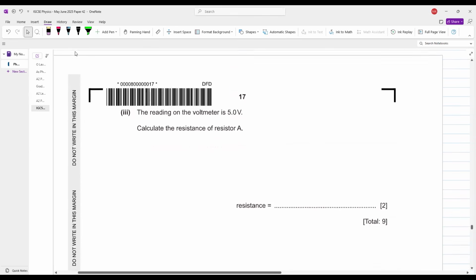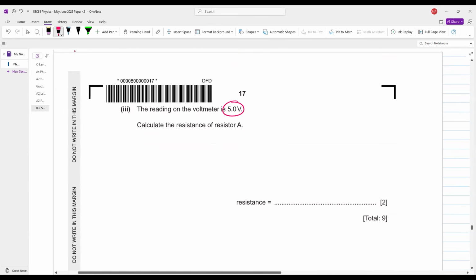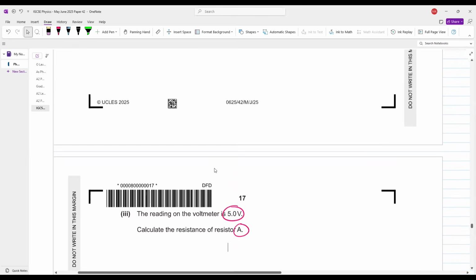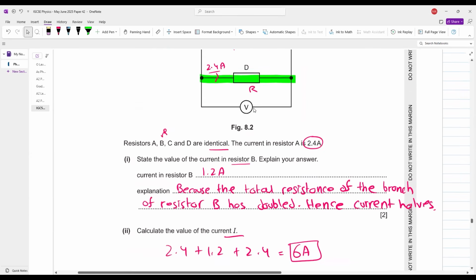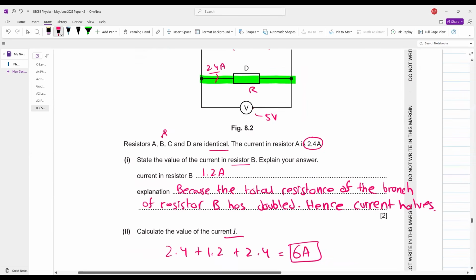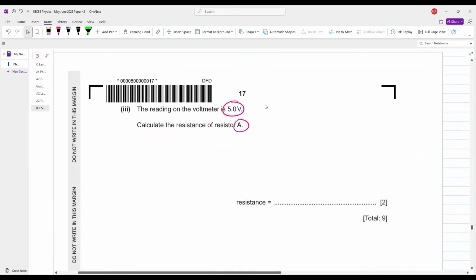Simple. Let's move ahead. The reading on the voltmeter is 5 volts. Calculate the resistance of resistor A. Which formula will you apply? V equals IR.